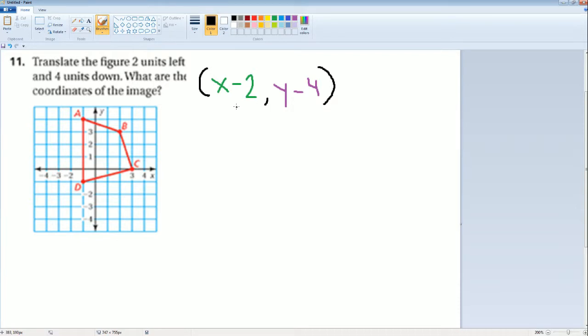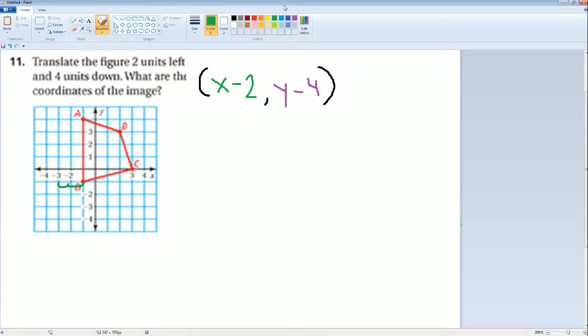So from here, let's grab this value here. D is right here. We're going to go 2 down. You see how it goes down 2? Let's make that blue. Subtract x, subtract 2. That's 2 to the left: 1, 2.